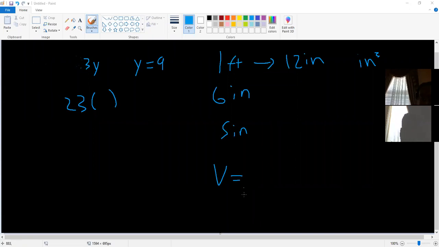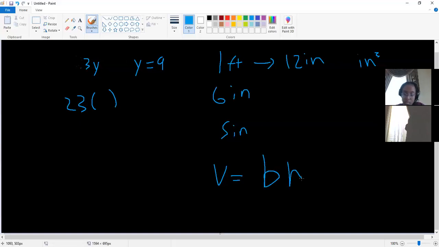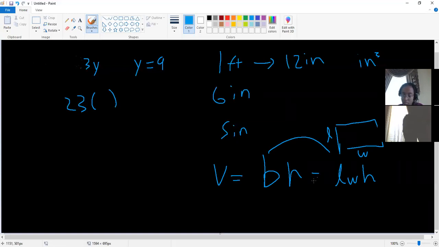But can you tell me what the base is? 72, because 6 times 12. So you said base times height. That is correct. And the base is a rectangle, so we have the length times the width. So length times width times height is the volume.